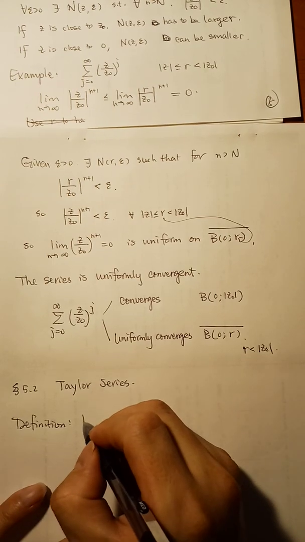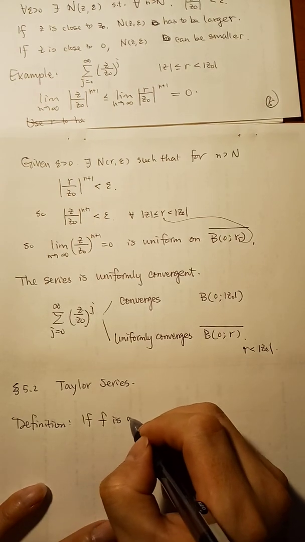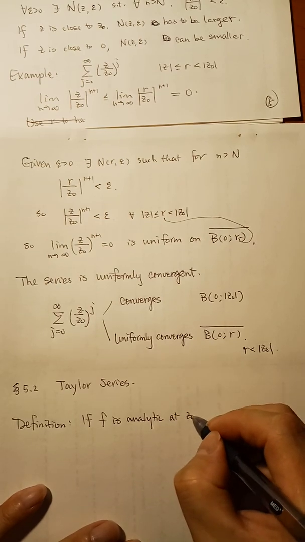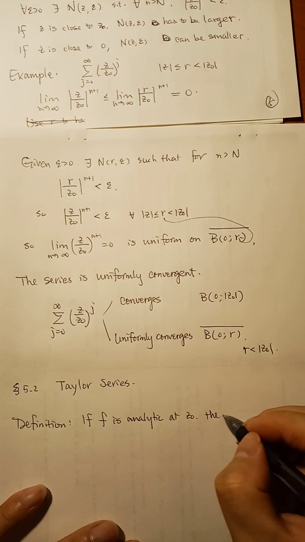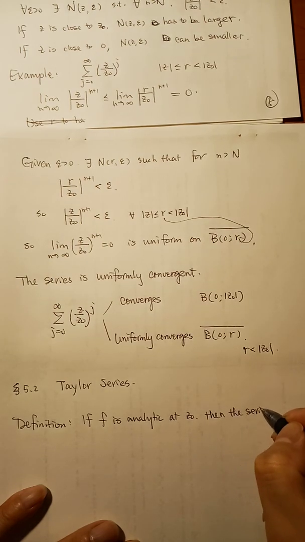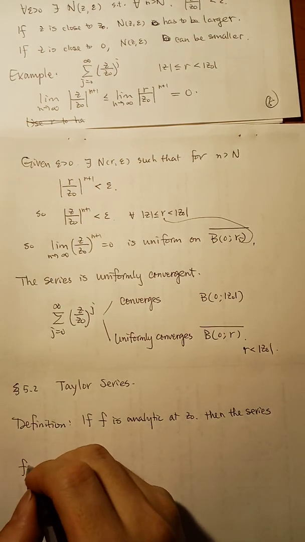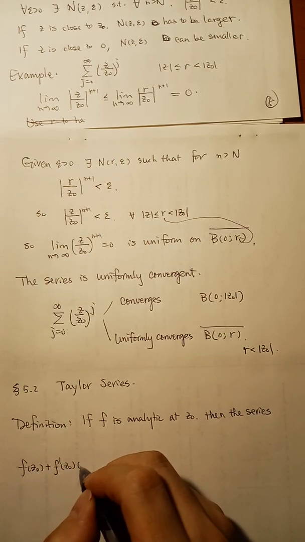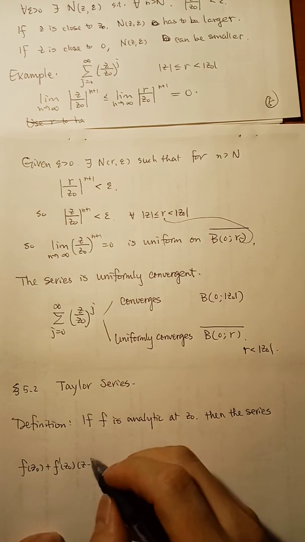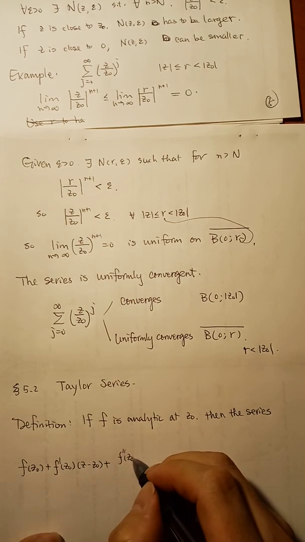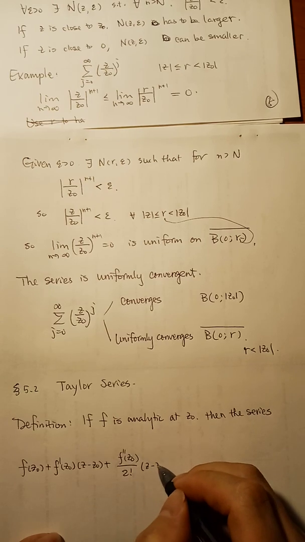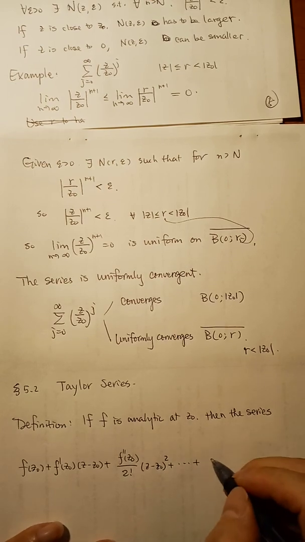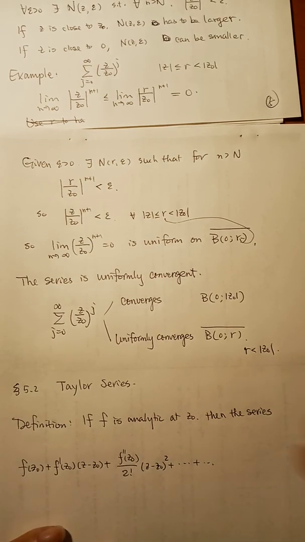The definition: if F is analytic at a point Z0, then the series F of Z0, plus F prime of Z0 times Z minus Z0, plus F double prime of Z0 over 2 factorial times Z minus Z0 squared, and so on.